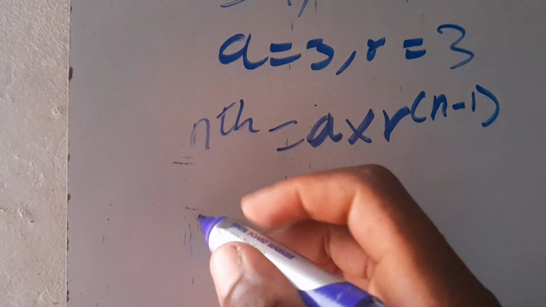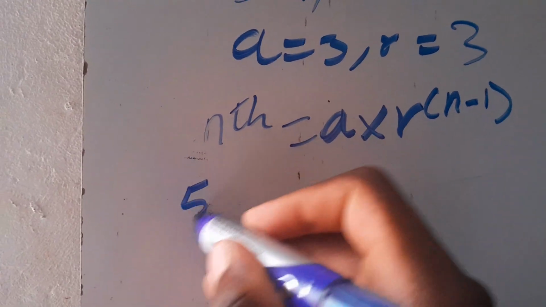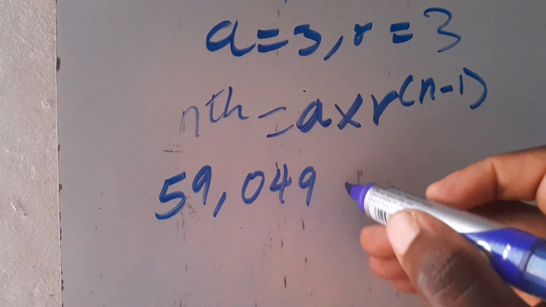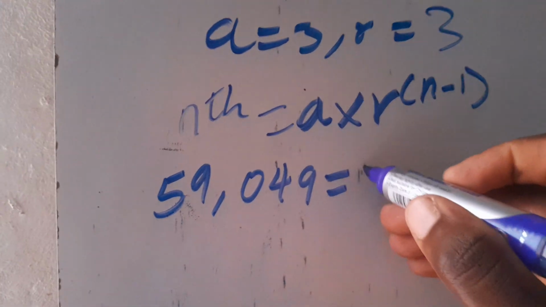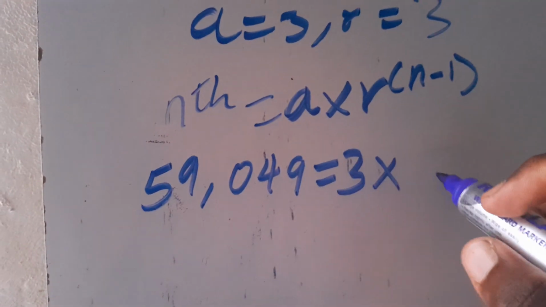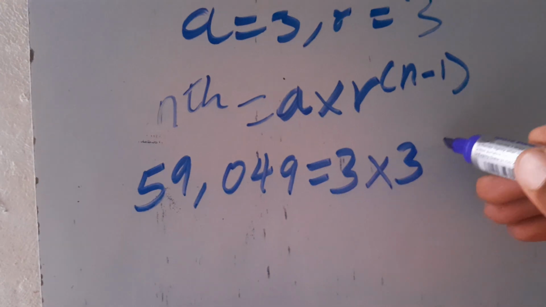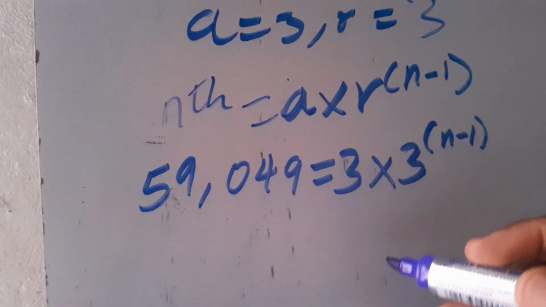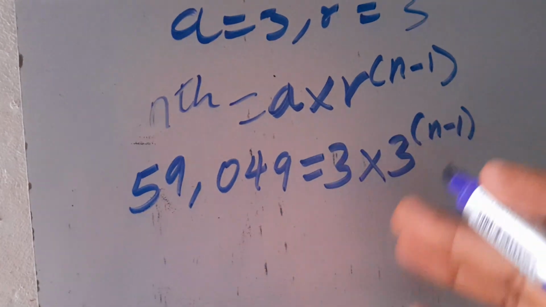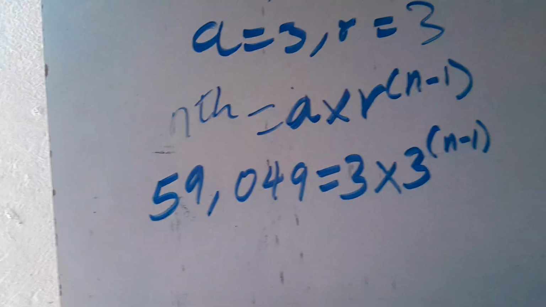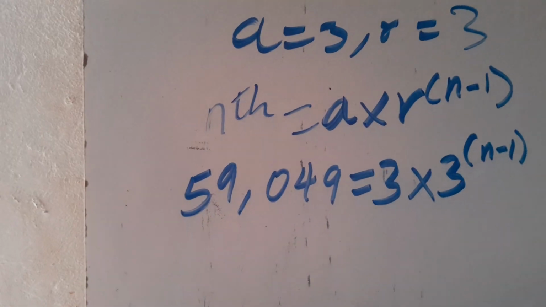Now, the nth term in our case is 59,049, which is equal to 3, our first term a, times r. Our r is 3 raised to power n minus 1. We don't know the value of n, but if you take 3 times 3 raised to power n minus 1, you find that your answer is 59,049.